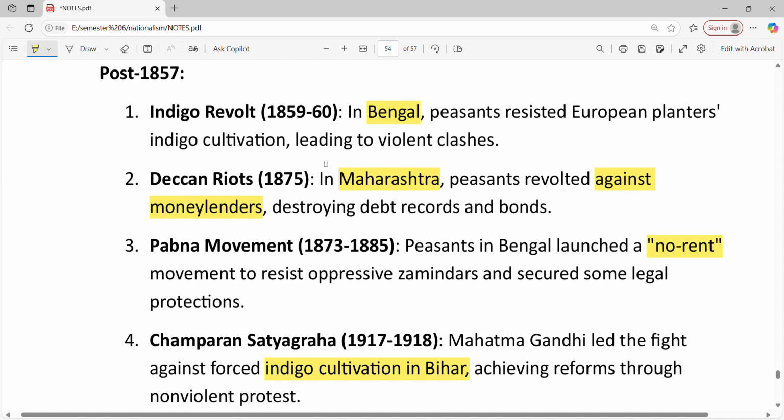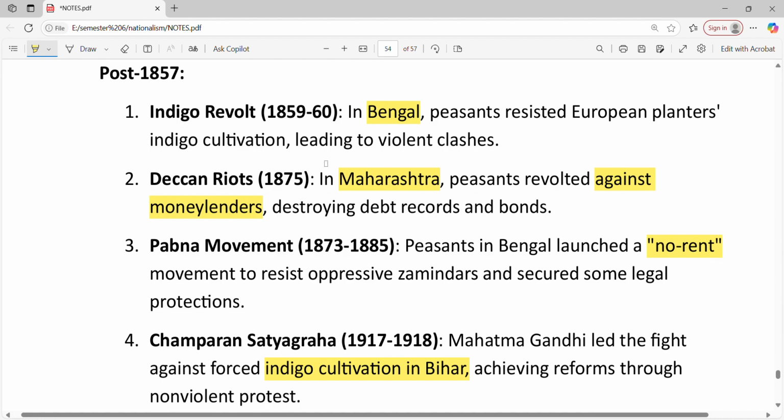The government appointed the Indigo Commission in 1860 in response to this revolt, and it removed some of the abuses from this system. Dinabandhu Mitra's Neel Darpan, the play Neel Darpan, is based on this.